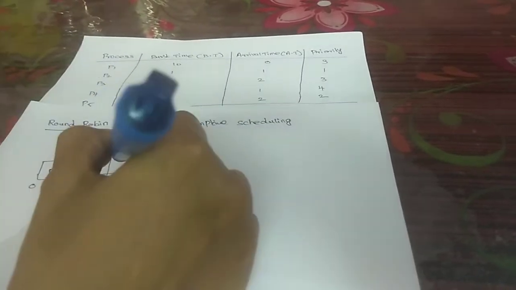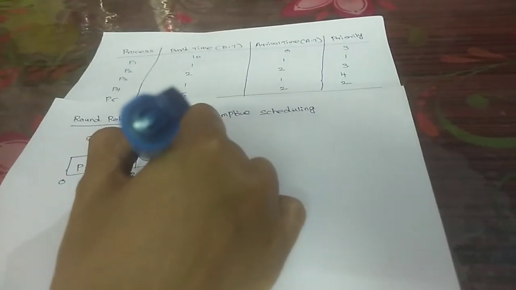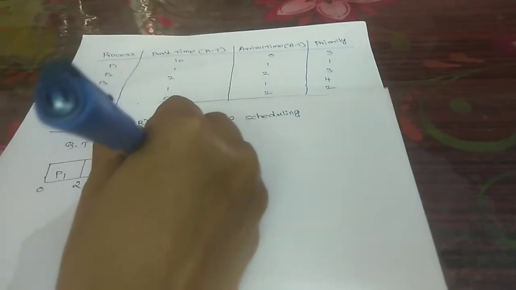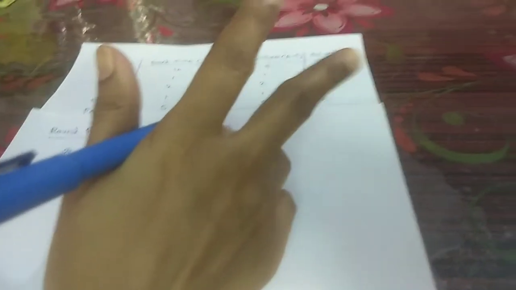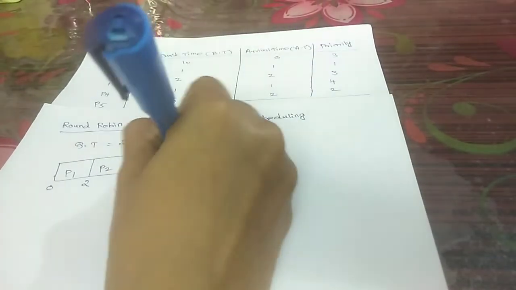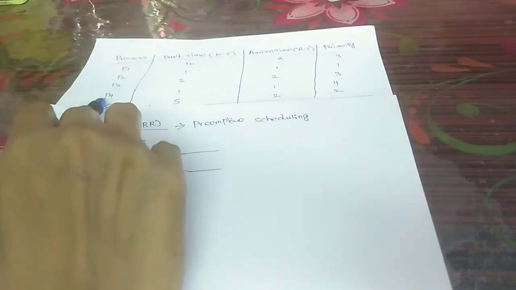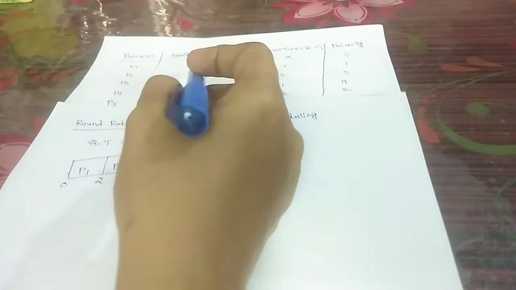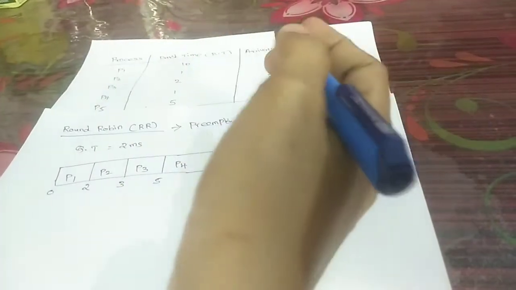After that, at the second quantum, the next process P3 arrives. So P3 works for 2 milliseconds, that is 5. After completing the second millisecond, it cuts the execution. Process P3 has only burst time 2, so it completes its execution in the 2 millisecond slot.